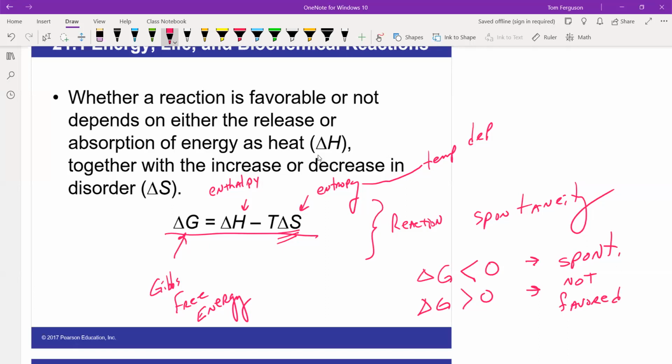Okay, so if delta G is less than 0 or negative, it's considered a spontaneous reaction. If delta G is greater than 0, it's not a favored reaction.